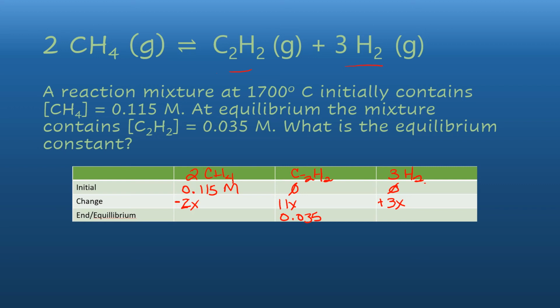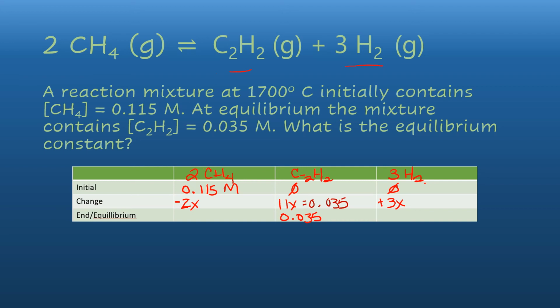So if we look at the C2H2, 0 plus 1x equals 0.035. So we know that x has to equal 0.035.